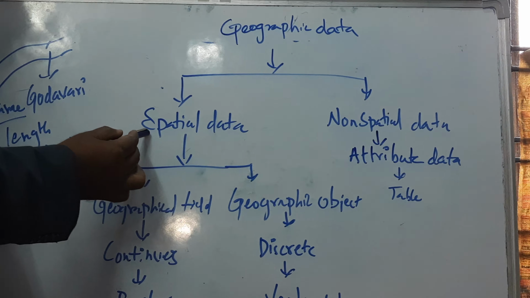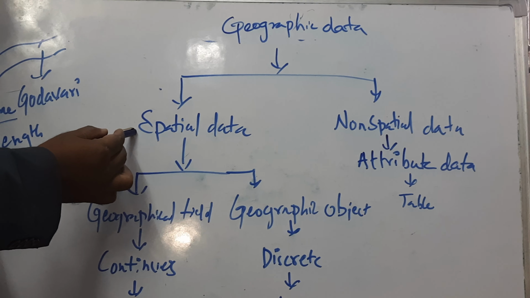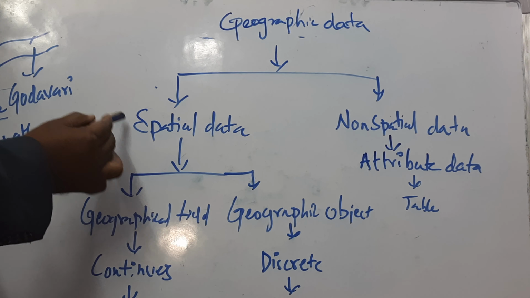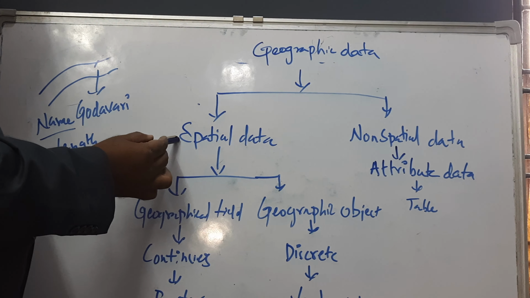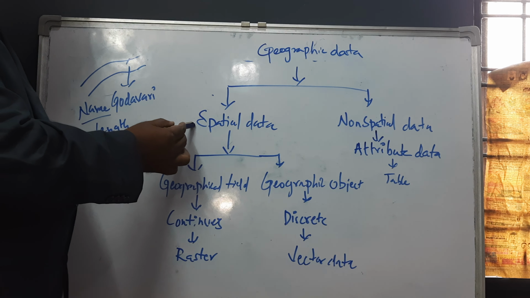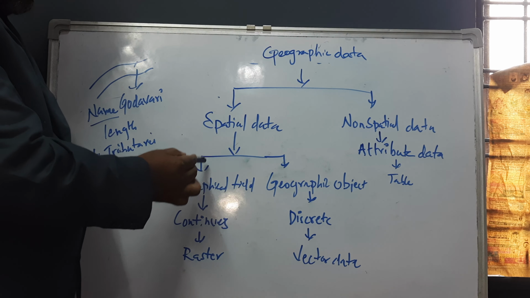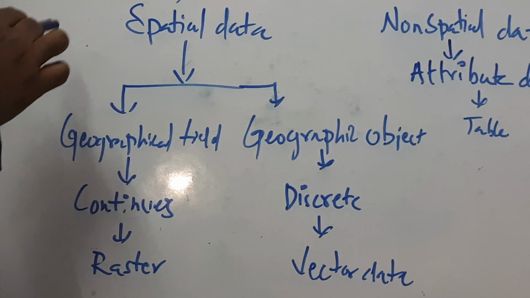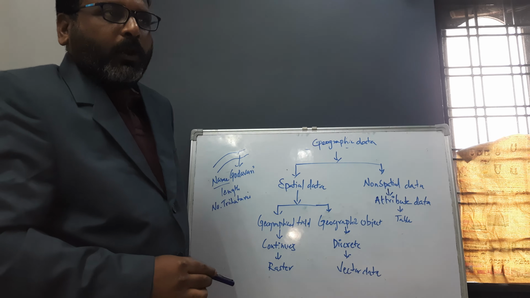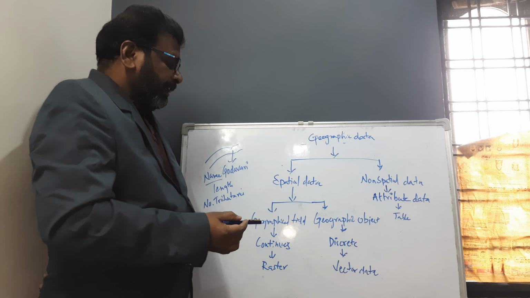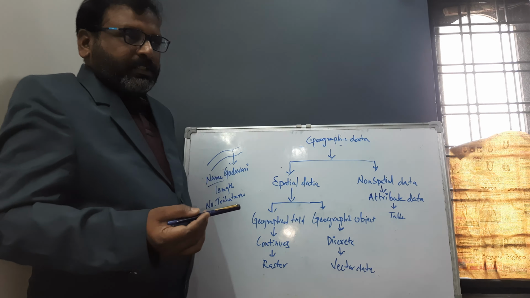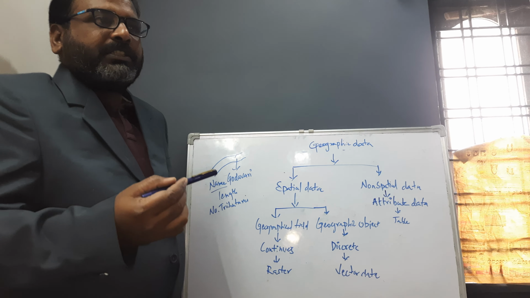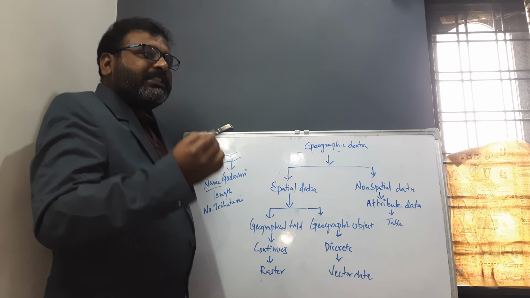The name indicates that spatial data is nothing but that which shows the features of the earth surface, and this we can divide into geographic fields and geographic objects. Now if you look at the globe or the earth surface, we have two kinds of features: continuous features and discrete features.